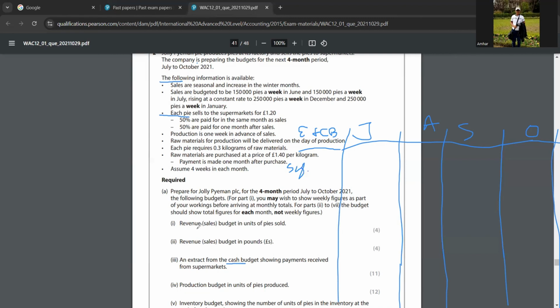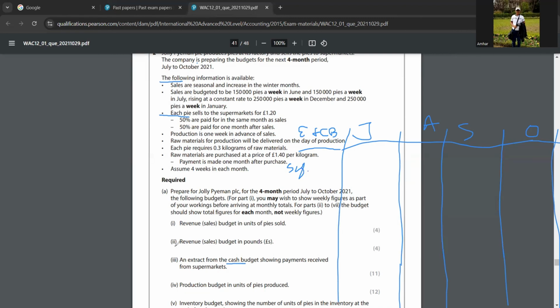Okay, so in the first part, you got 600,000. And then when you wanted to find the sales value, you multiplied it by 1.20, right? So that answer you have to take. Okay, 720,000. Now they are saying 50% are paid for in the same month as sales. Same month, July. July the sales was 720,000, right?